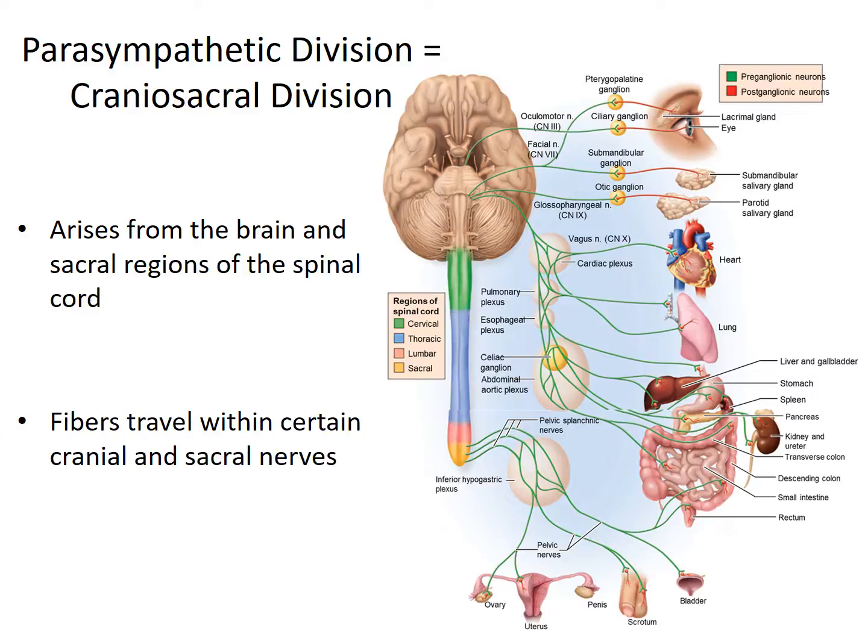So the preganglionic fibers arise from the brain and brainstem or the sacral regions of the spinal cord. These preganglionic fibers can then travel within certain cranial and sacral nerves.